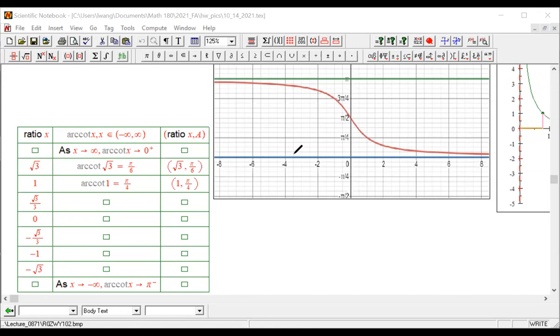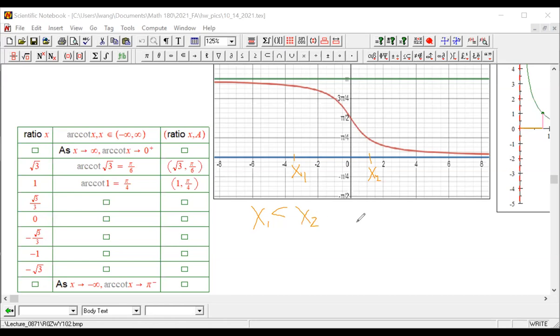I arbitrarily choose one point, x1 here, x1 is less than x2. x1 is less than x2 because x1 is on the left, x2 is on the right.